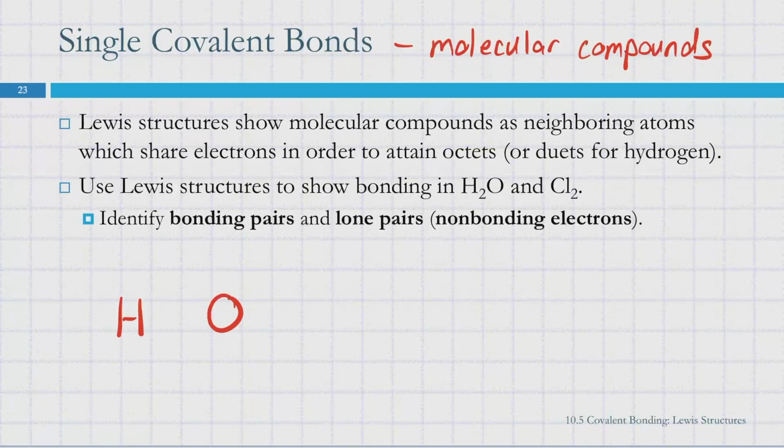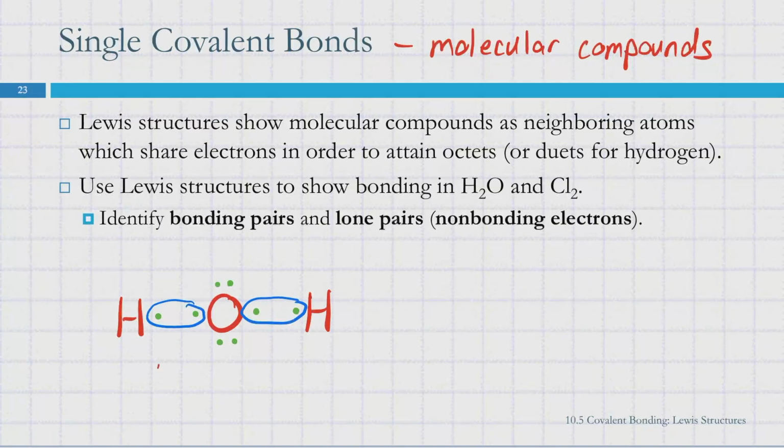One way that we can do this, we start out with just a basic framework, and these are each going to have a certain number of valence electrons. Oxygen will have 6, each of the hydrogens has 1. And they can share electrons. So H2O has this structure.